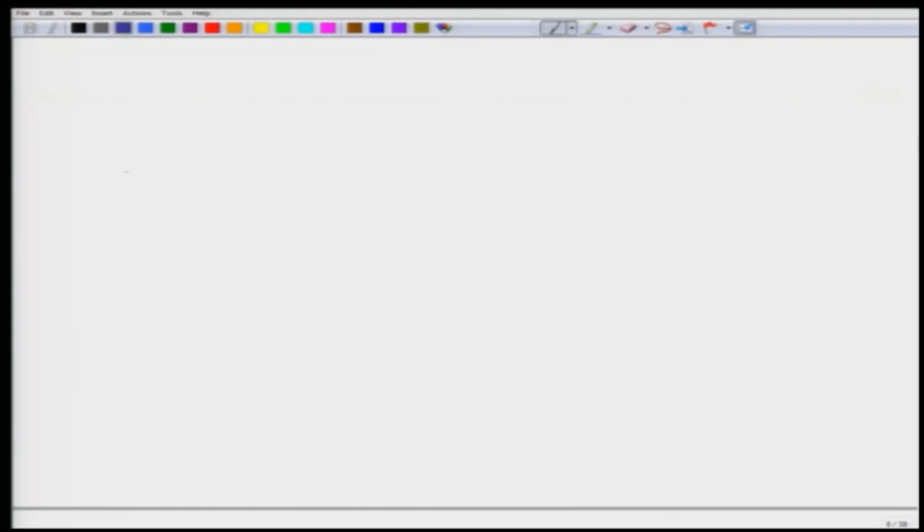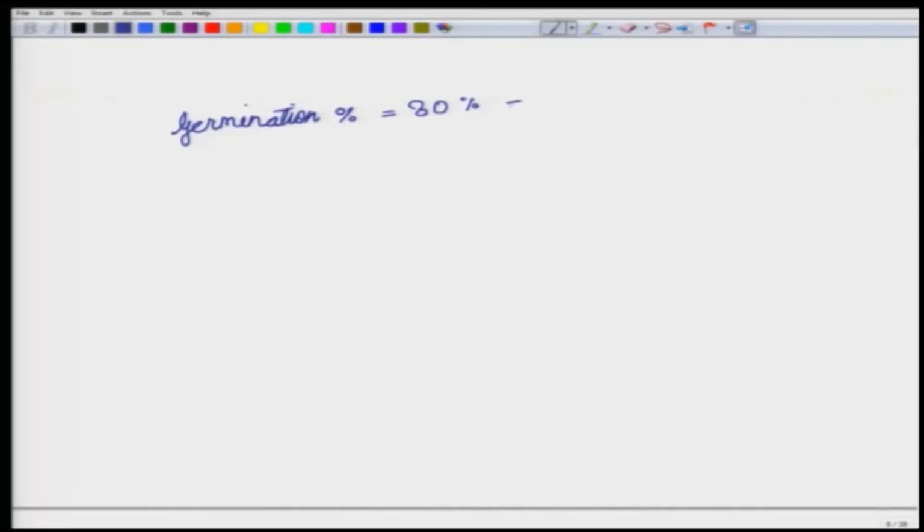What we are saying here is that suppose the germination percentage is 80%, which means that 80 out of every 100 seeds are going to germinate. So, we will say that this germination factor is 80% or 0.8.